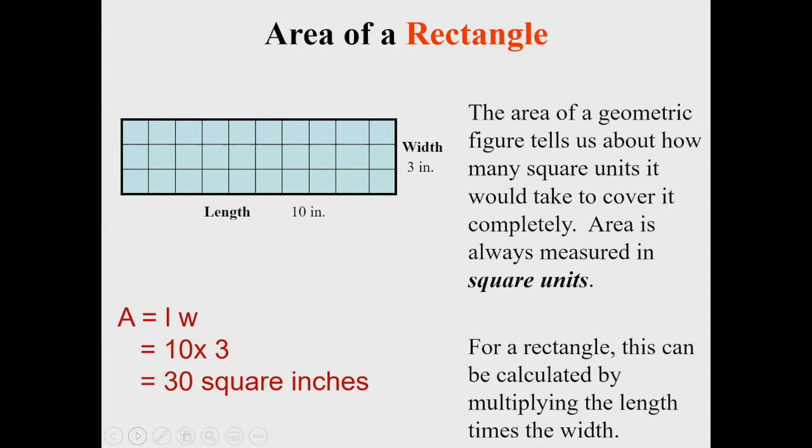The length of a rectangle is 10 inches and the width is 3 inches. Therefore, area is length times width, 10 times 3. It is 30 square inches.